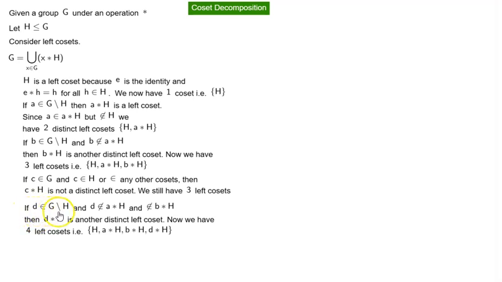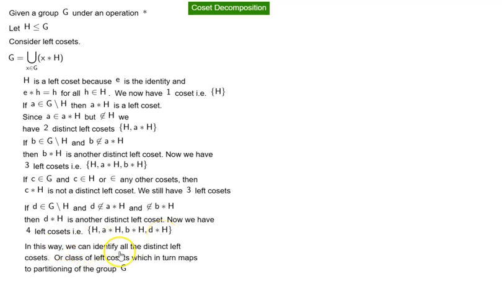If d is in G but not in H, and it is not in a times H, and it is not in b times H, then d times H is another distinct left coset. So now we have four left cosets: H, a times H, b times H, and d times H.